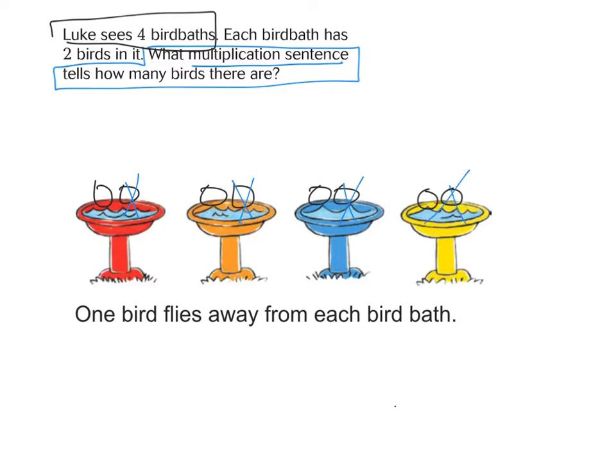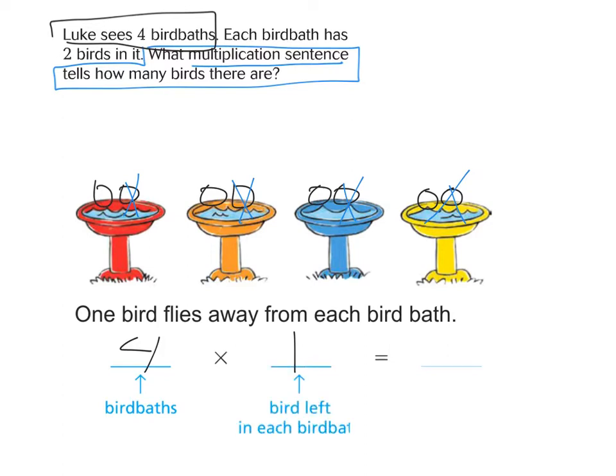Now, what multiplication sentence would it be? Well, we still have 4 bird baths, so that would still be 4, where 4 would be the bird baths, times how many birds are in each bird bath? Only 1. The 1 would be the birds left in each bird bath.